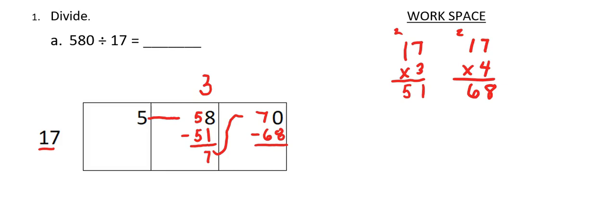The more we can do the subtraction in our head, the faster the problem can be done. 68 is only 2 away from 70, so the difference is 2. And that was 4 groups. I always want to check that I have a number above each box and that my remainder is off to the side. That helps me know that I didn't forget to put an answer in my quotient. We have a remainder of 2. So 580 divided by 17 is 34, remainder 2.